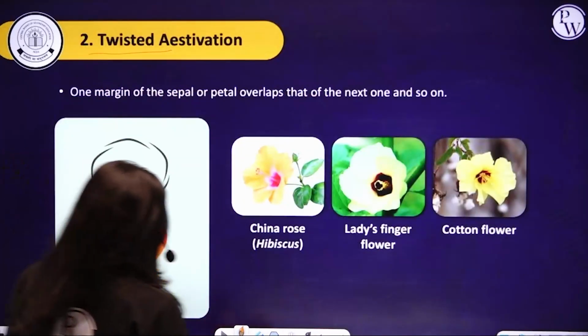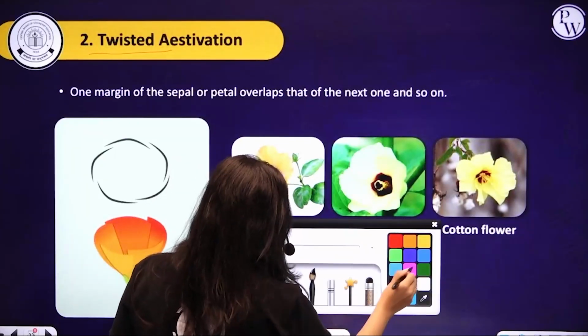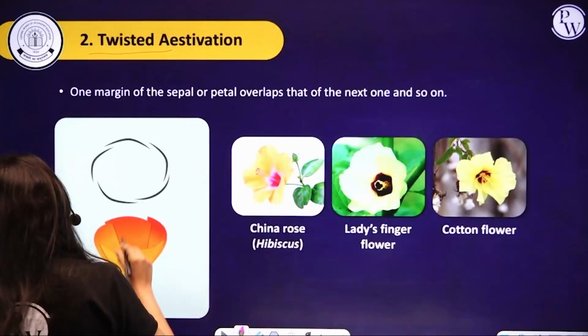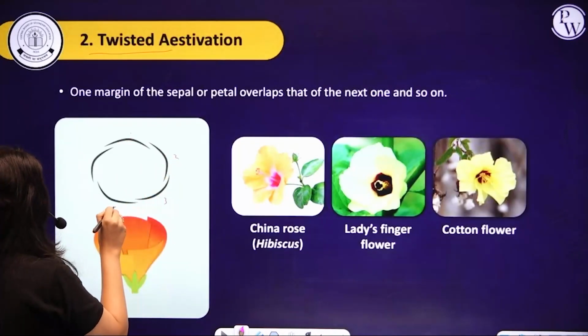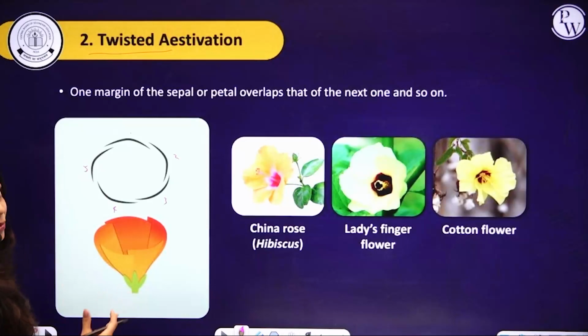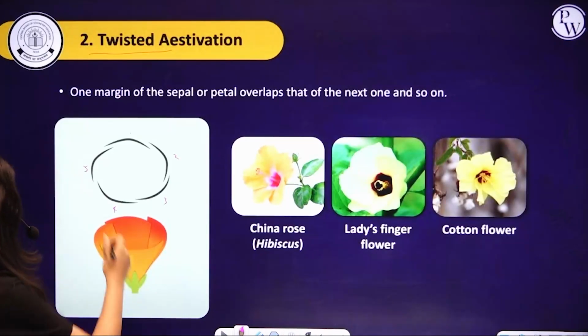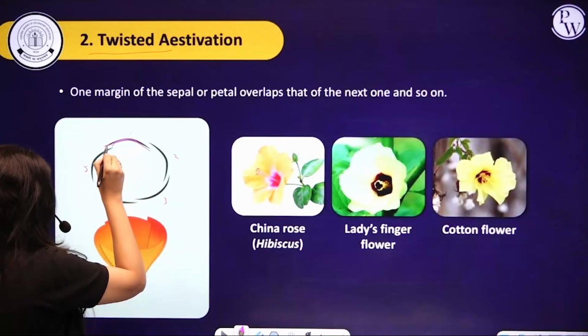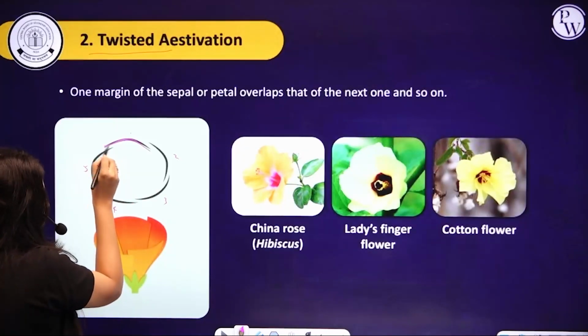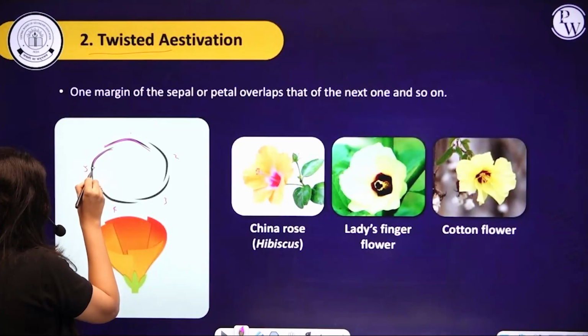This is a very cute type of aestivation to look at. Here again, there are 1, 2, 3, 4, 5 petals or sepals used for representation. You can see how, if you consider this to be a petal, on one end it is overlapping the previous one.